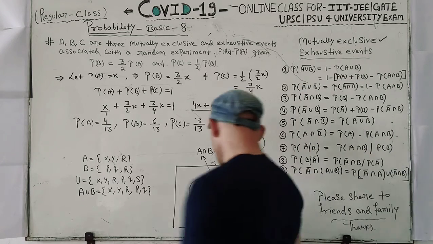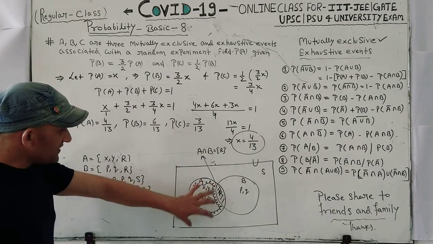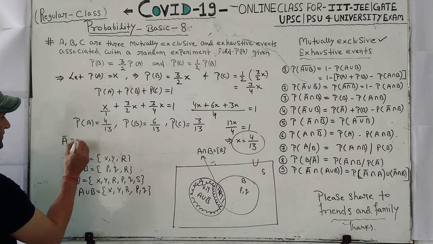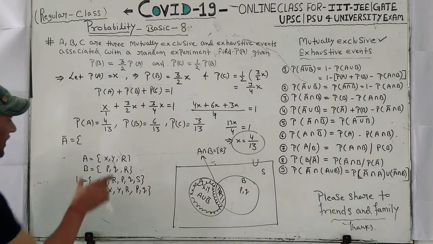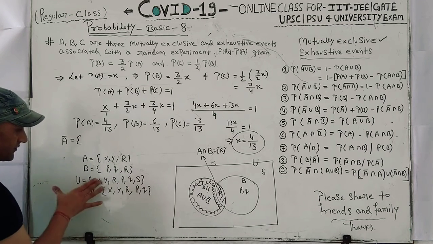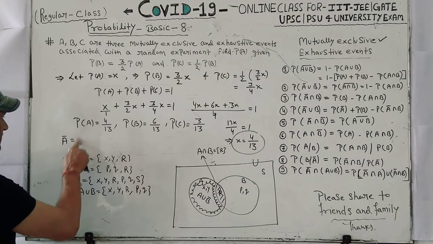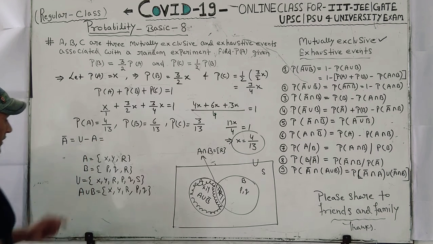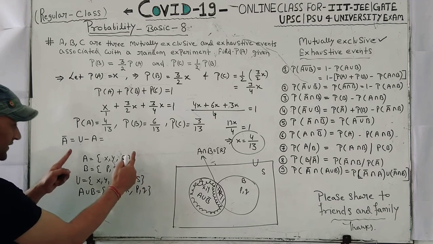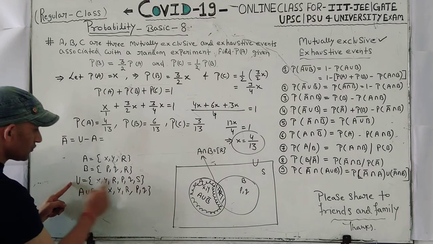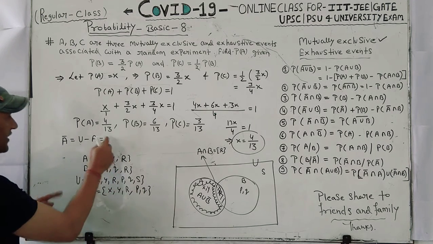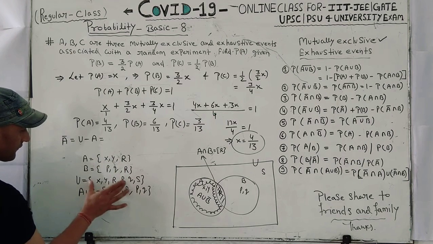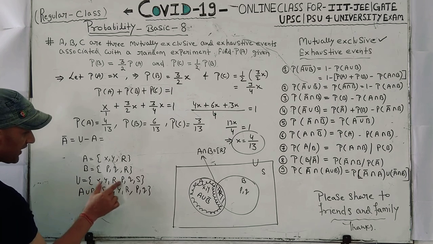Now we are asking, what is A complement? A complement means how many elements are present here. So you will select U minus A. From this set, if you subtract this one, X, Y, R will cancel.